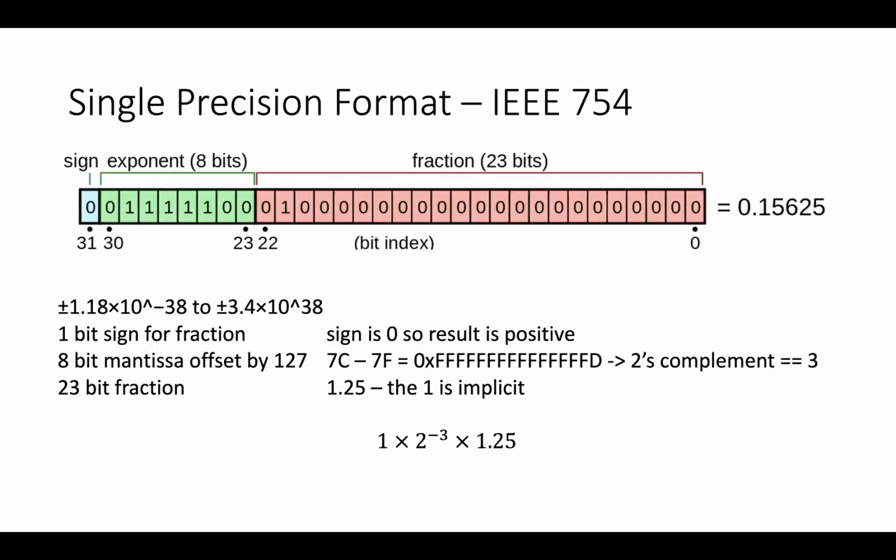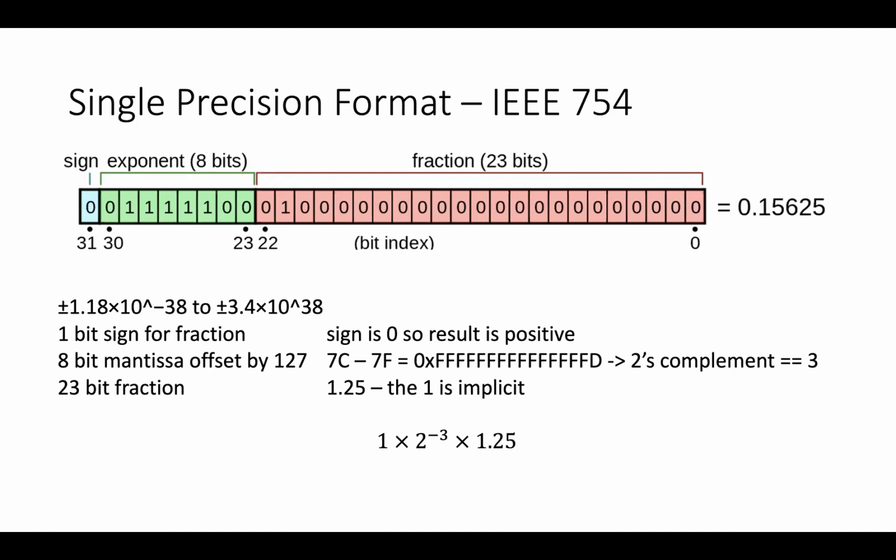All right, so the floating point format used on the ARM is IEEE 754. IEEE is a standards body, so this is an international standard. So here is single precision. Single precision is 4 bytes or 32 bits. A floating point number is divided into 3 different regions in the bits.